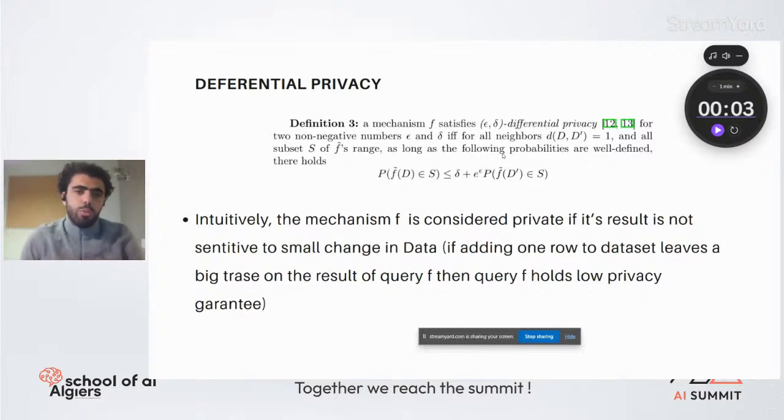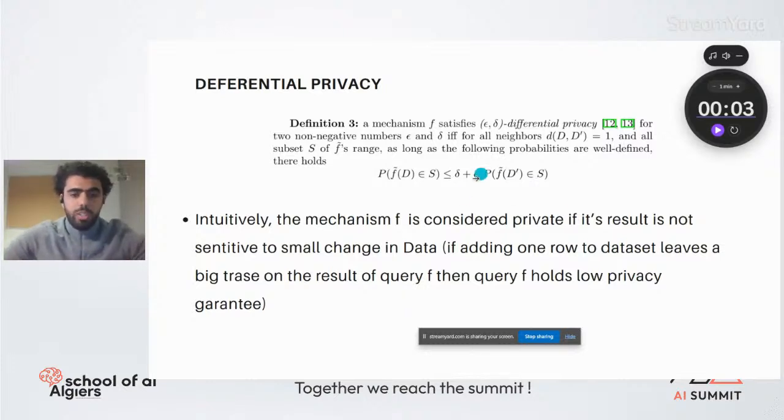One individual's contribution should not have an effect on the function or on the mechanism; rather, the mechanism should give us information about the global dataset, the whole dataset, while masking the individual elements of this dataset.